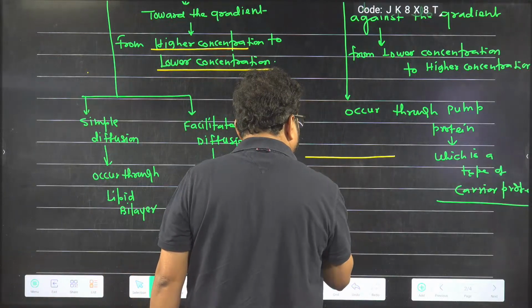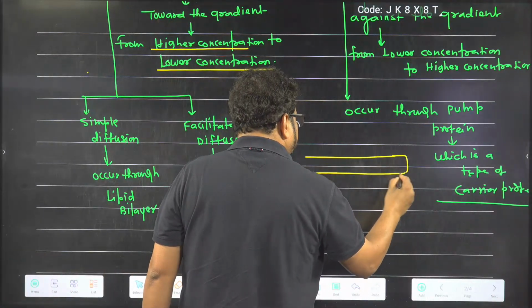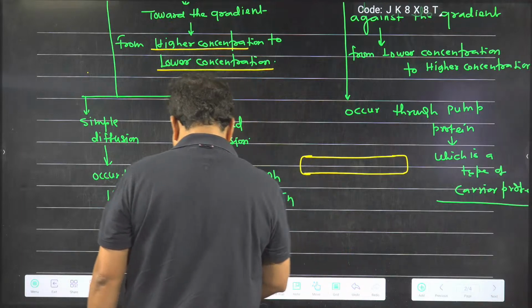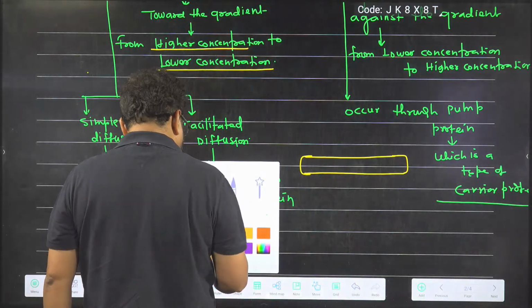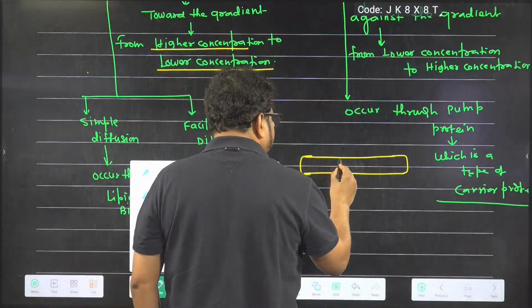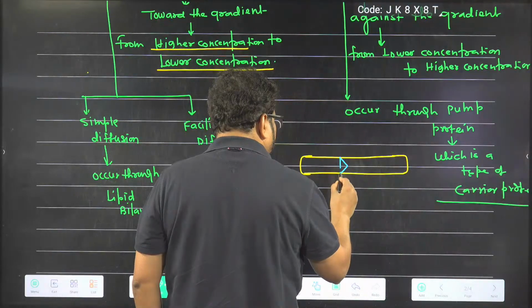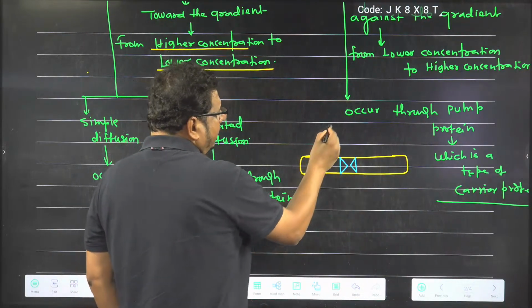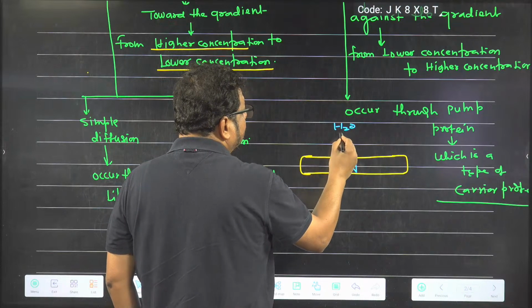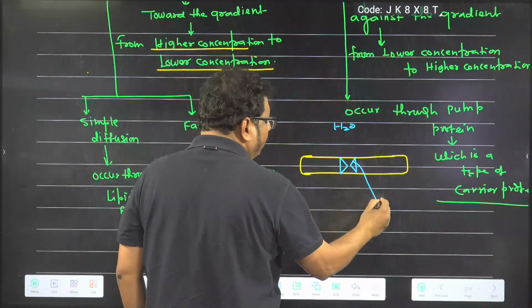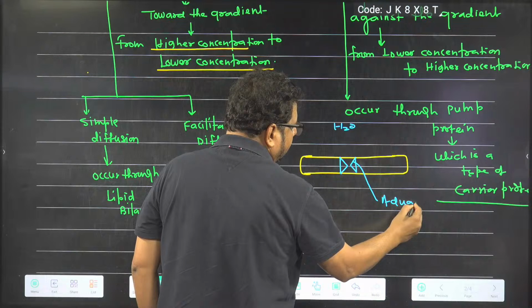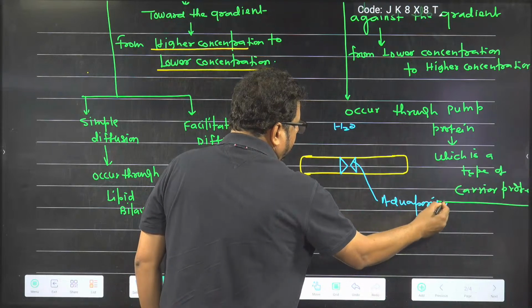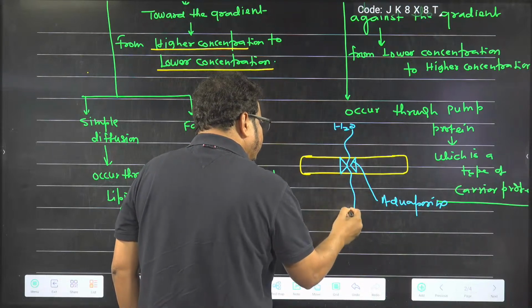This is the membrane, and in this membrane, this is a protein, called aquaporin. That chapter is deleted now. Most of the water moves with the help of this aquaporin across the membrane. Got the idea?